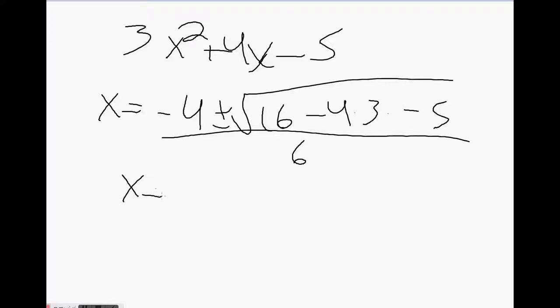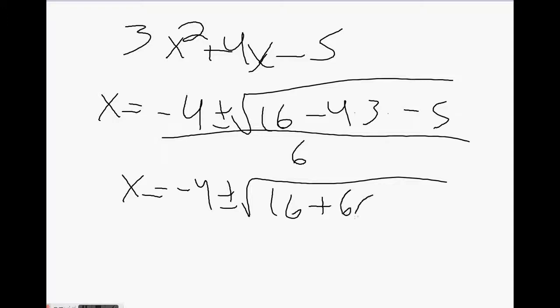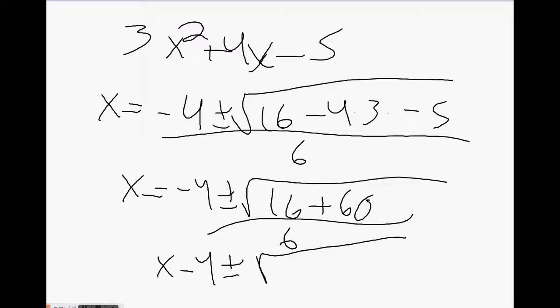So x equals negative 4 plus minus the square root of 16 plus 4 times 3, which is 12, 12 times 5 is positive 60, over 6. And you guys can do the math. x equals that. 16 plus 60 is 76 over 6. Okay, there we go.